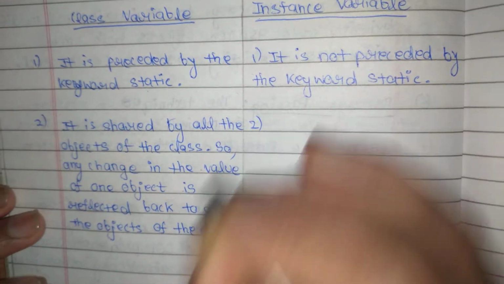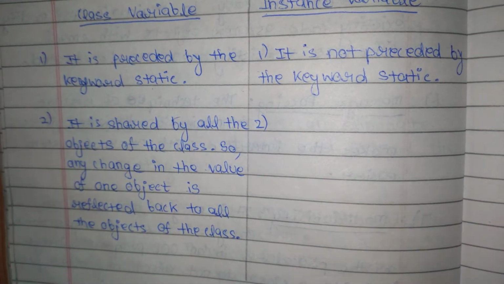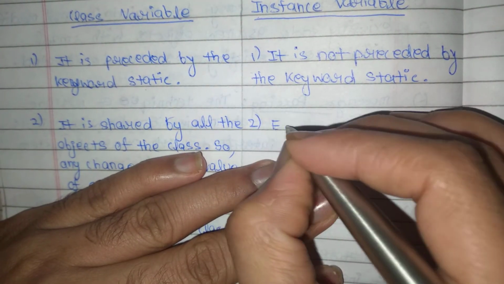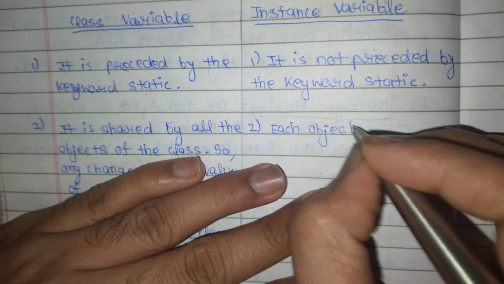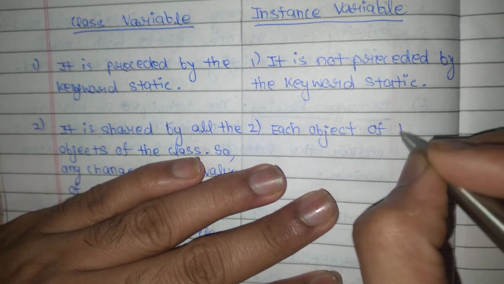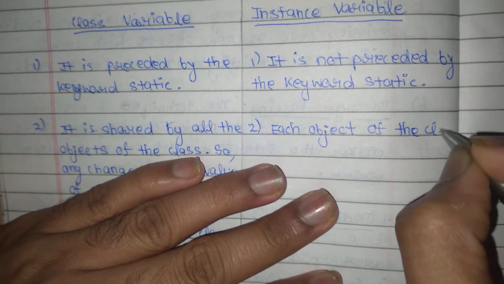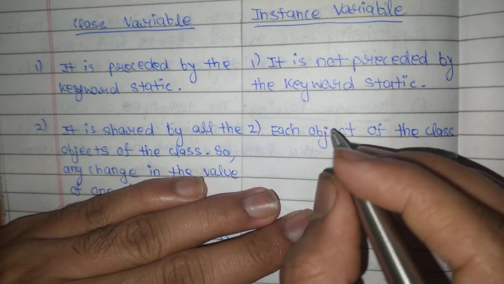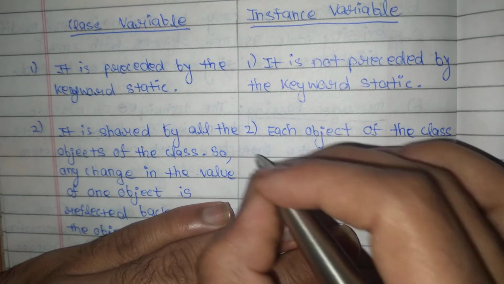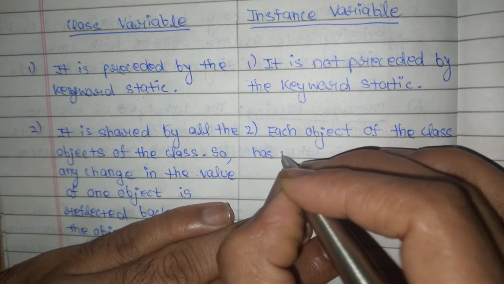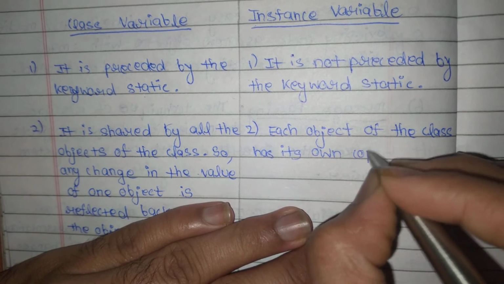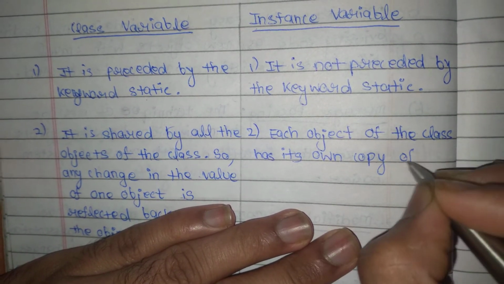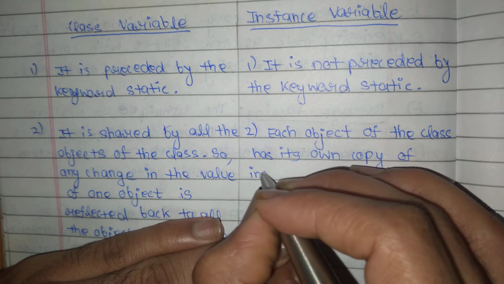Now here, the second point: each object of the class has its own copy of the instance variable.